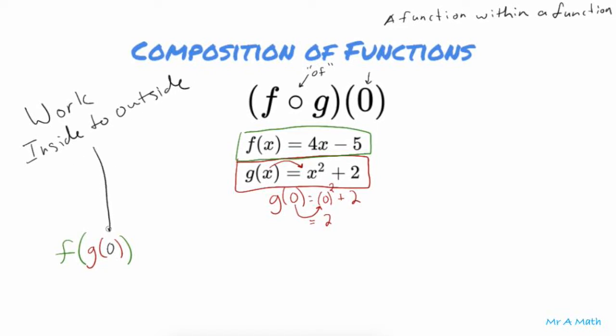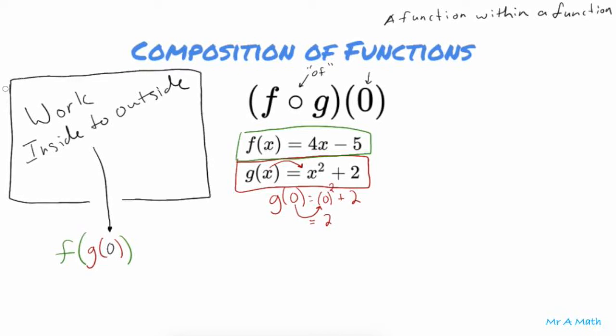So we're going to start within the innermost portion of this composition of a function, which is g of 0. It's kind of like an order of operations. When you have two parentheses and one is inside the other, we always want to make sure to resolve the interior parentheses before resolving the exterior parentheses to preserve our order of operations. So keep this in mind. Inside to outside is our best plan of attack here.